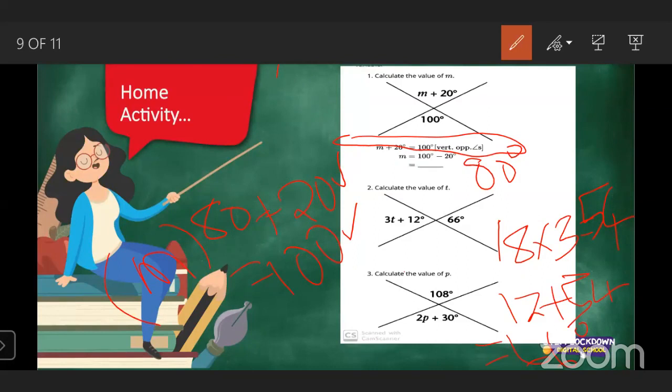So our reason is the angles are vertically opposite, so the answer must be 108 degrees. Why? Because they are vertically opposite. They must be equal. The degrees must be the same.